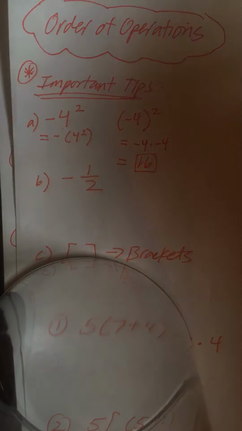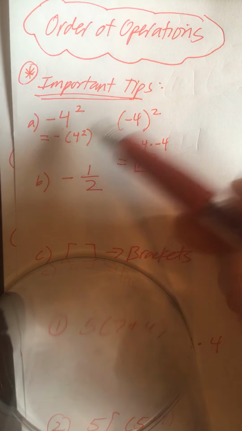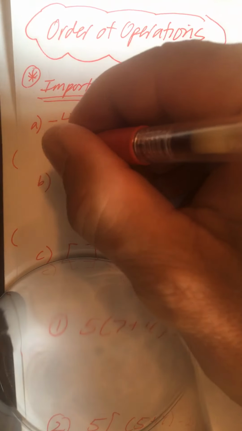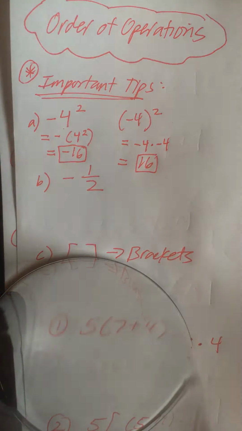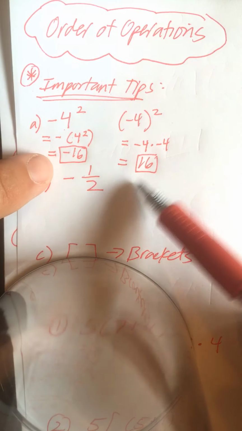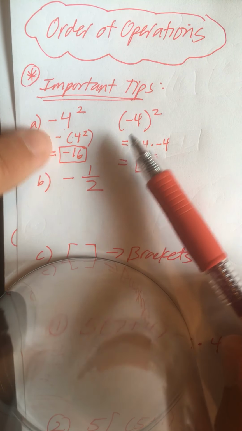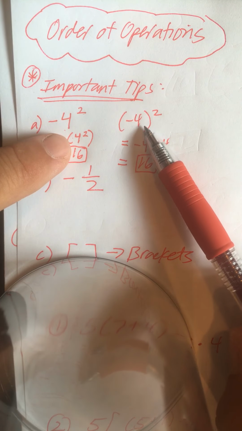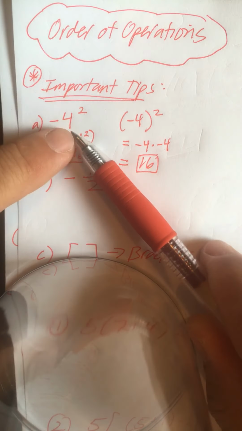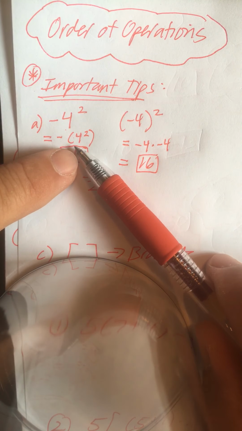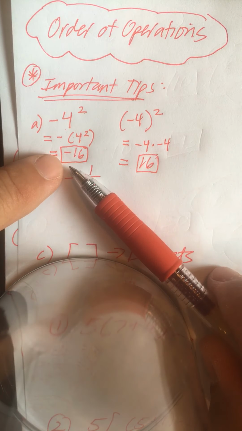So we would square the 4 first, so 4 times 4 is 16, and then that negative out front makes it a negative 16. Okay, and that's really important if you're using a calculator so that you know parentheses really do make a big difference. Here it would be negative 4 times itself twice. Here it would be 4 times itself, and then the negative comes into play.